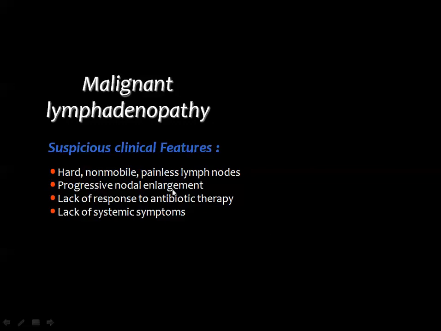Sometimes, or frequently, they are painless. The nodes on follow-up show progressive increase in size. They do not respond to antibiotic therapy, and there are no associated systemic manifestations like fever and so on.